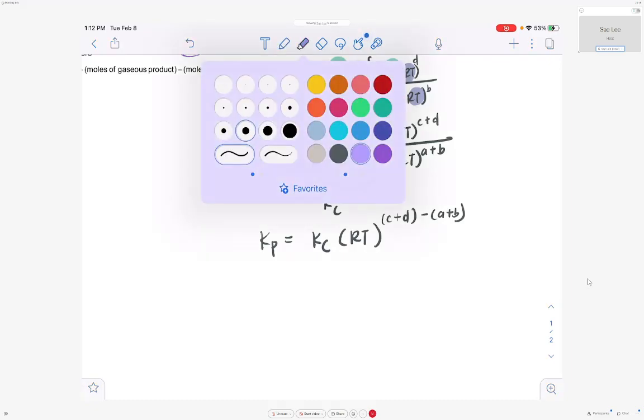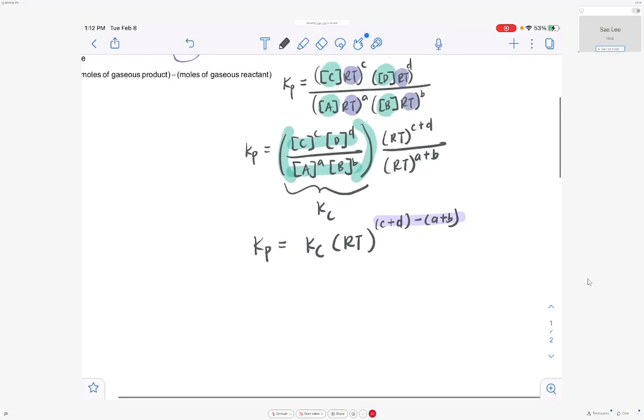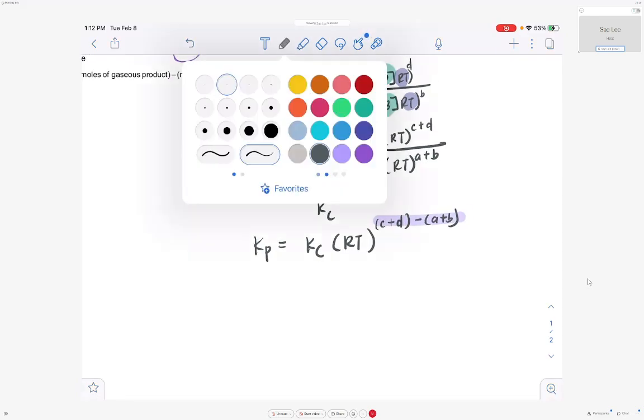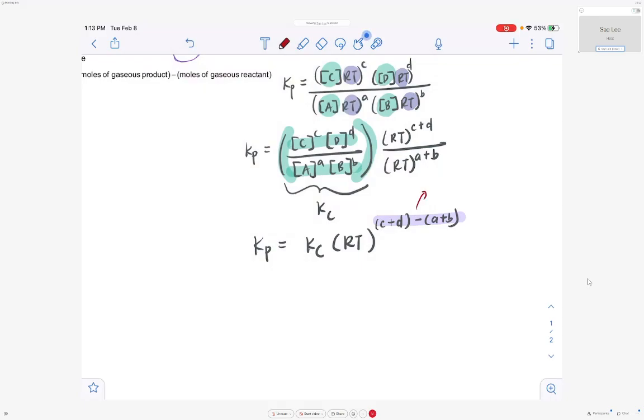This exponent is basically the change in the number of moles of gas in a balanced equation.